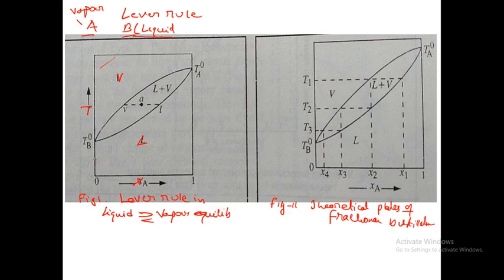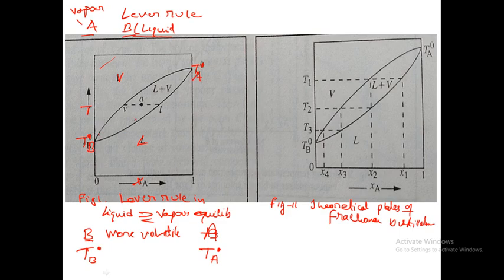That's the boiling point of B. Since it is more volatile, its boiling point is less than that of pure A. Because of that, TB is written in the downside and TA in the upper side.